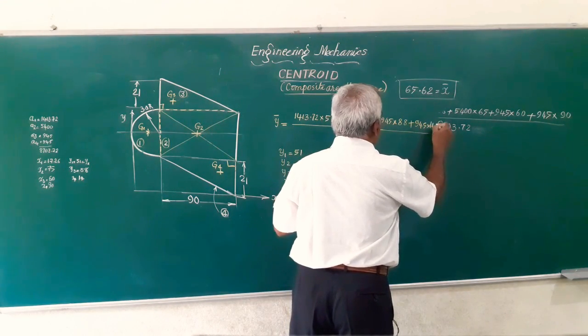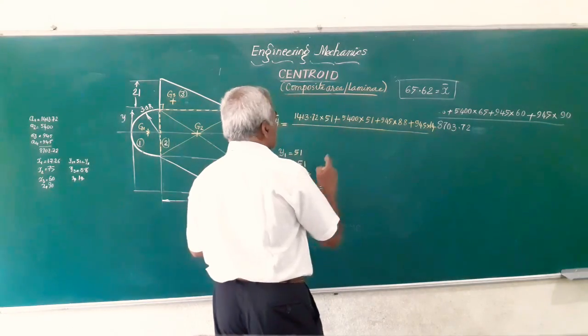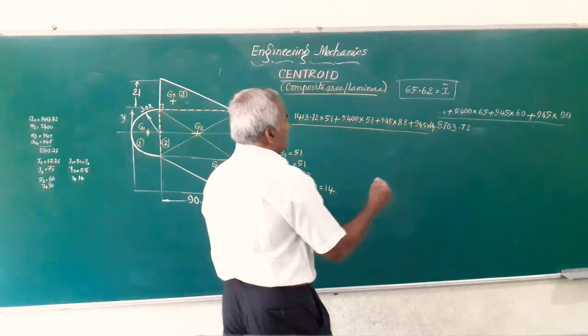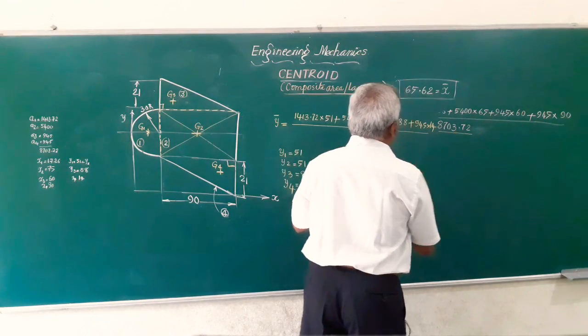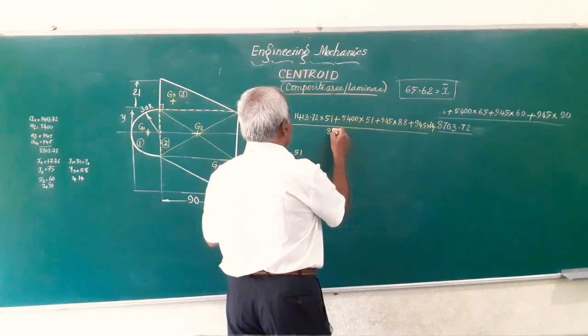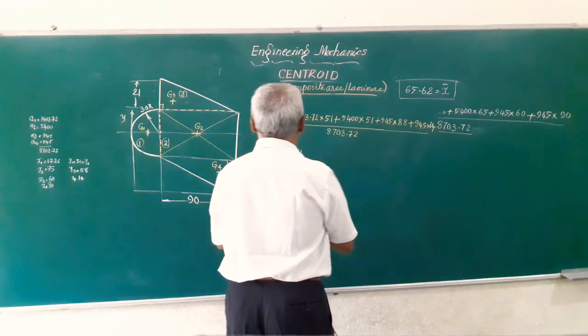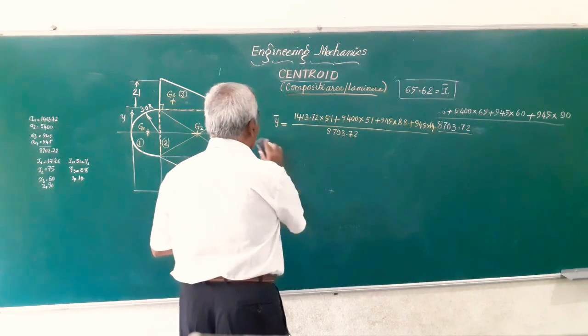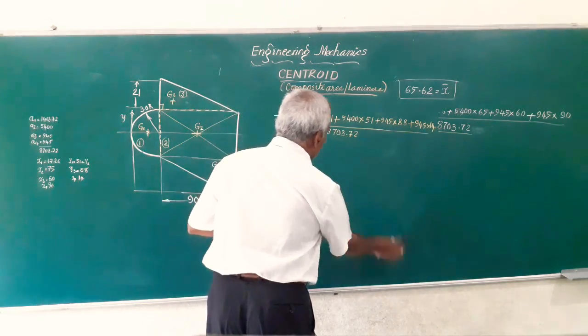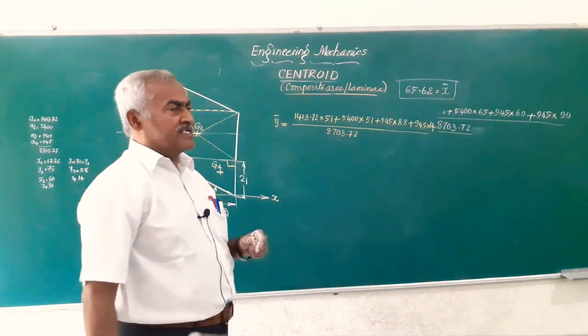Divided by a1 plus a2 plus a3 plus a4, which is 8703.72.